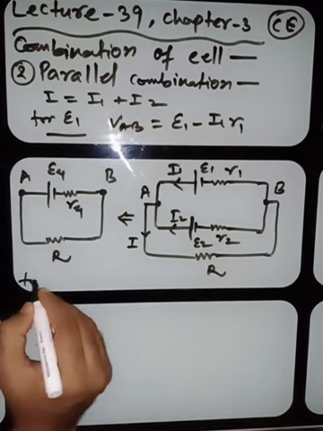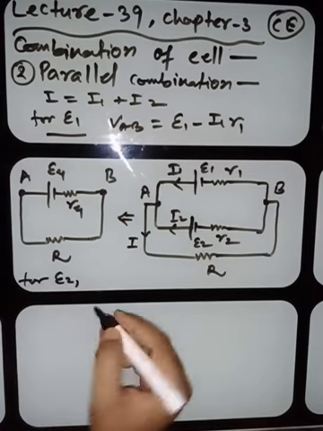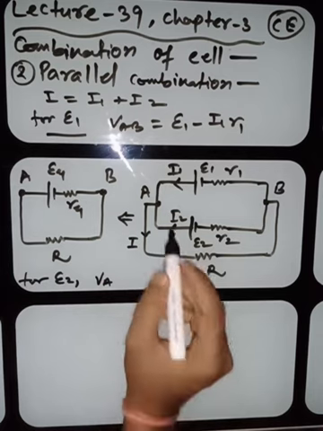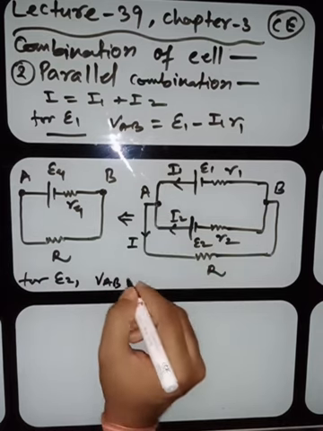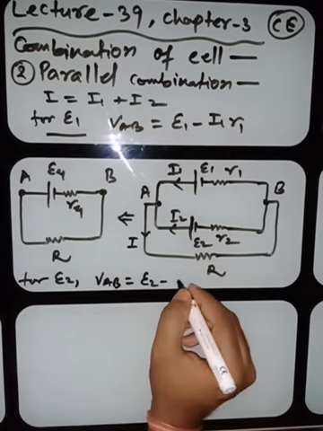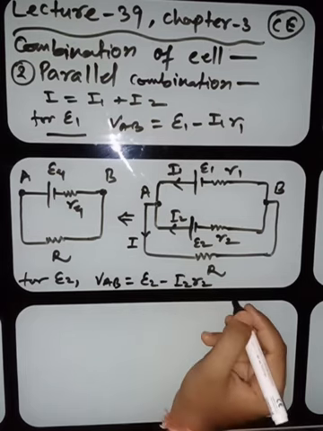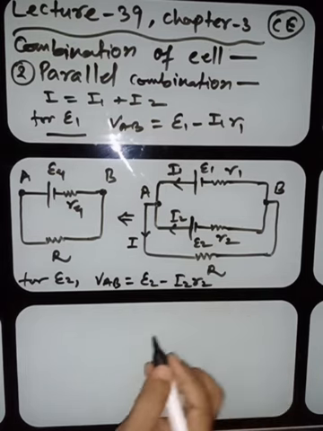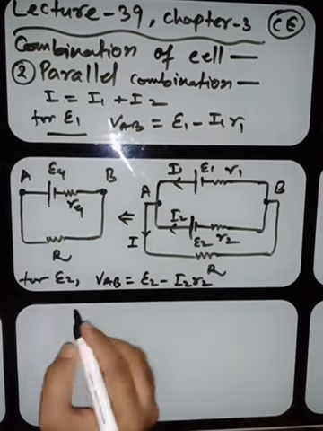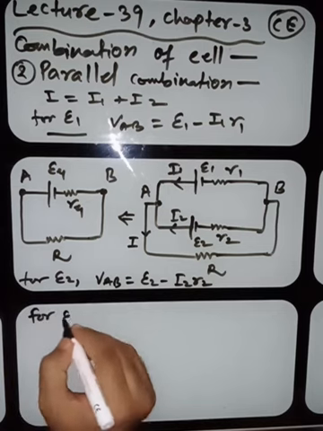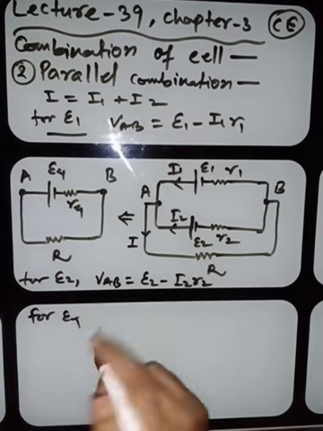Similarly, for E2, what can you write? VAB again, because these two terminals are also connected here. So VAB is E2 minus I2 R2. Okay. E2 minus I2 R2. For this equivalent, what can you write?